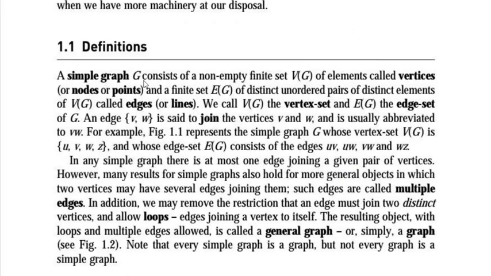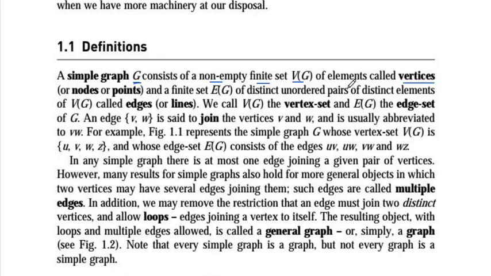For this chapter, we have to give names to any graph or vertices. A simple graph, let's say named G, consists of a non-empty finite set V of G of elements called vertices.